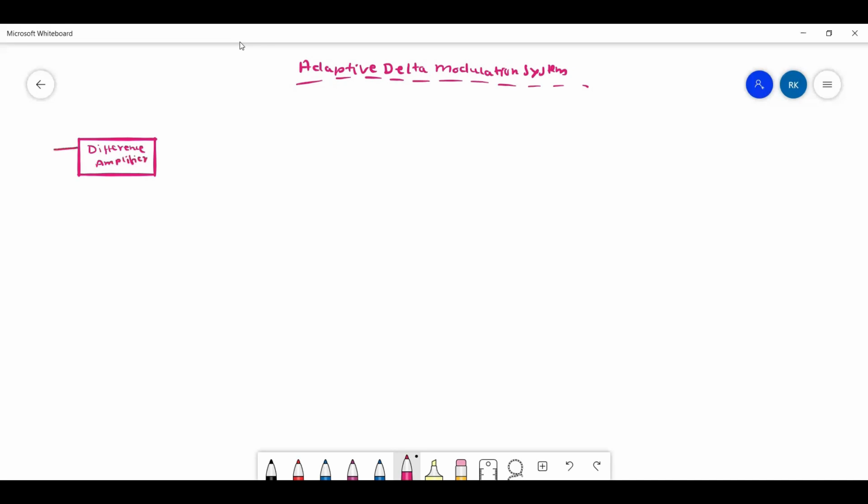The input to the difference amplifier is our message signal m(t), whose slope matters. Let the positive terminal be given that signal and the negative terminal be connected to some other part of the whole system.